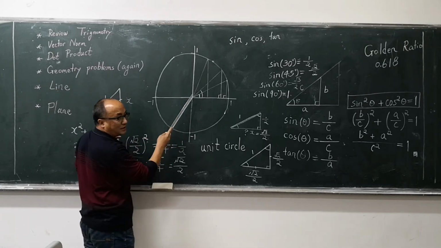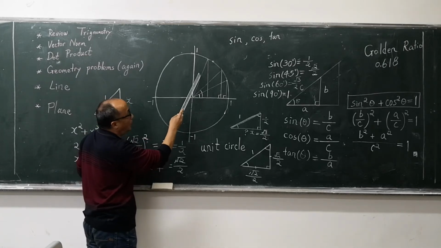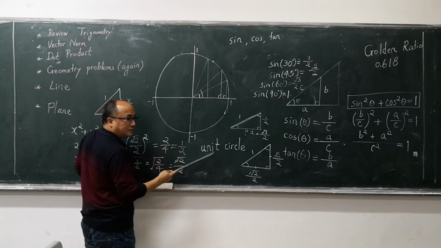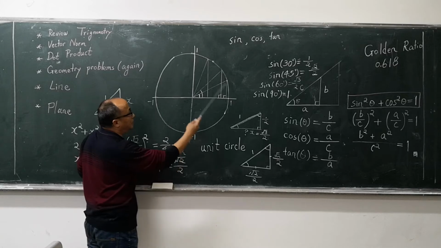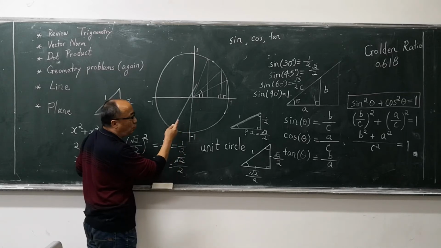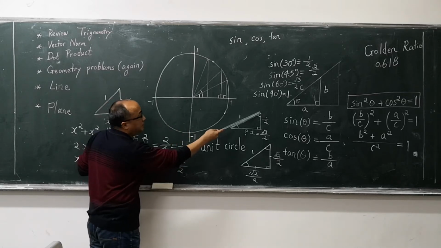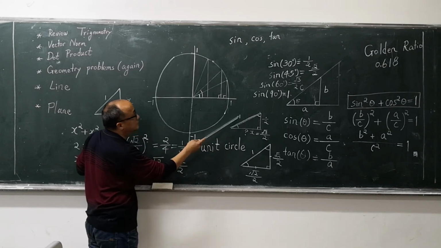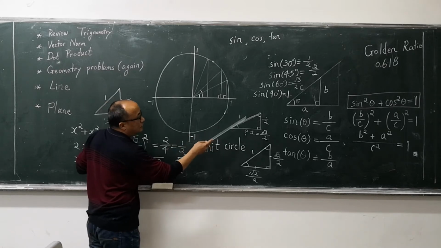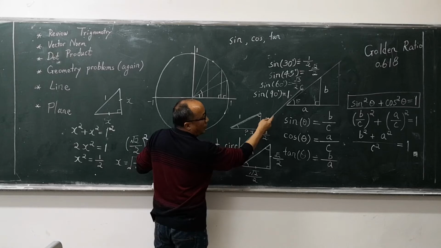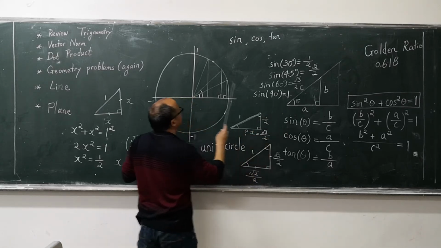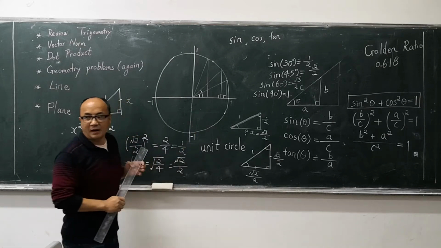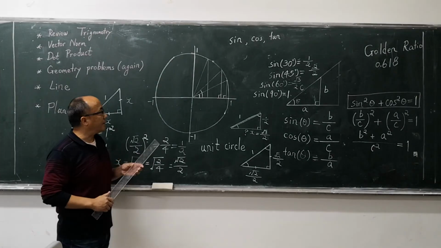Because we are using the hypotenuse is always 1. The radius. This is the beauty of unit circle. The radius is 1. So the hypotenuse is 1. Okay? This is a 1. So the B is the value of the sine theta.